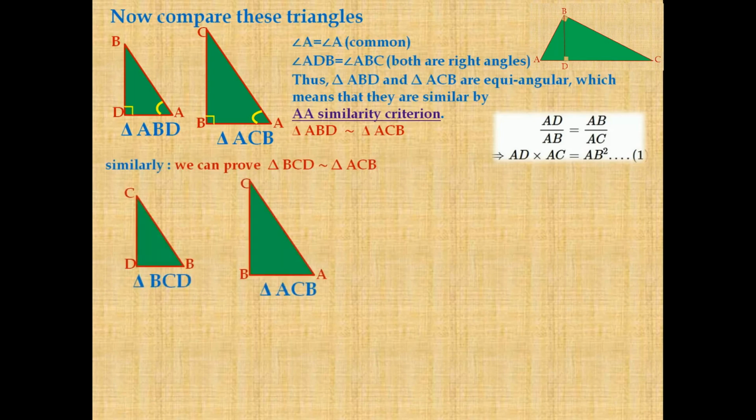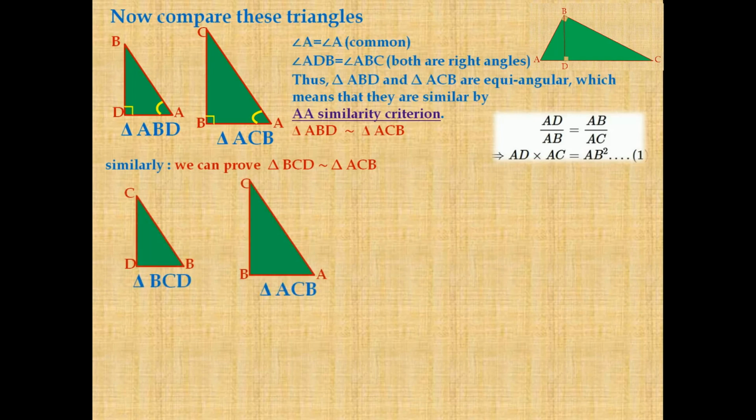Similarly, we can prove triangle BCD similar to triangle ACB. BCD is the smaller triangle and ACB is the given triangle. From construction, we got it triangle BCD.